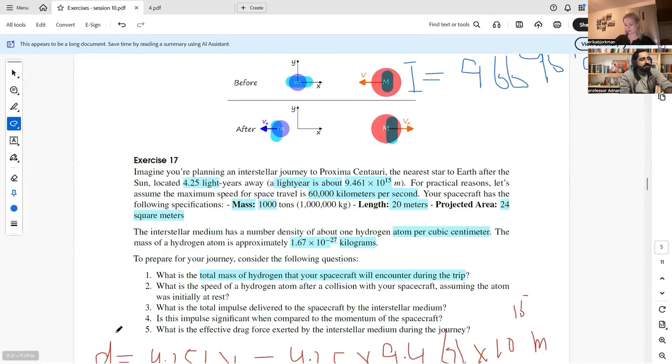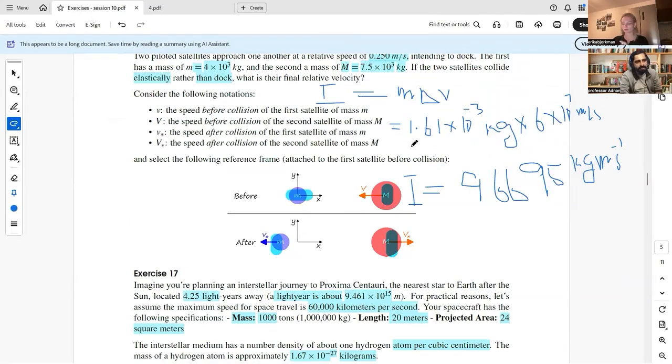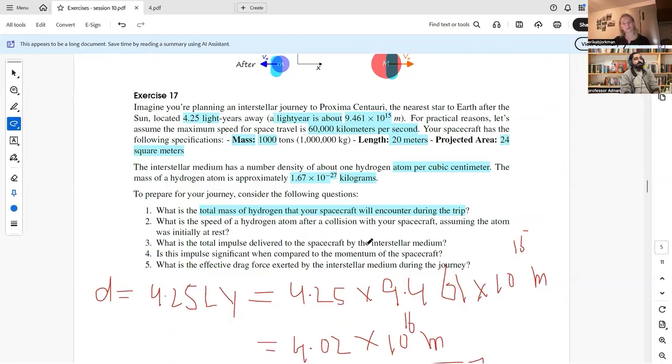So our question was: what is the total impulse delivered to the spacecraft by the interstellar medium? This interstellar medium is providing the impulse to the spacecraft, that is 96695 kilogram meter per second. And this medium consists of hydrogen atoms, whose mass we have measured, and we have utilized that mass in this question.